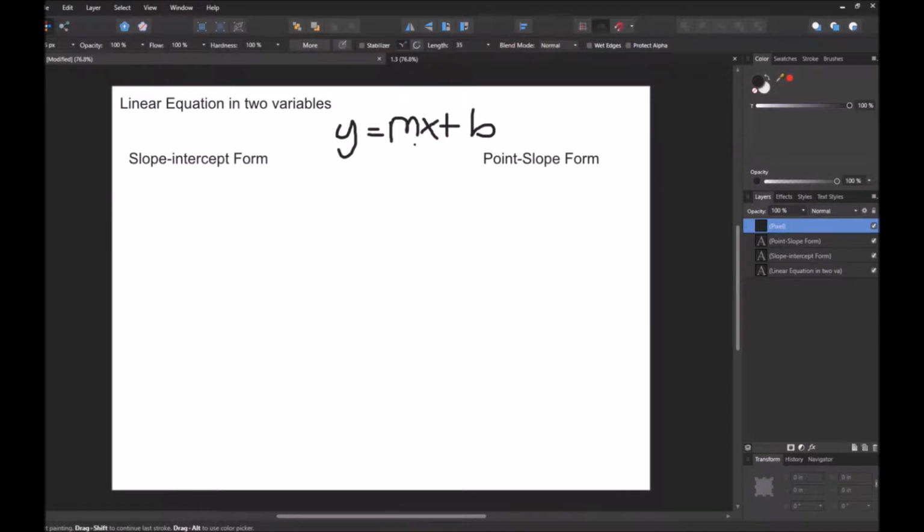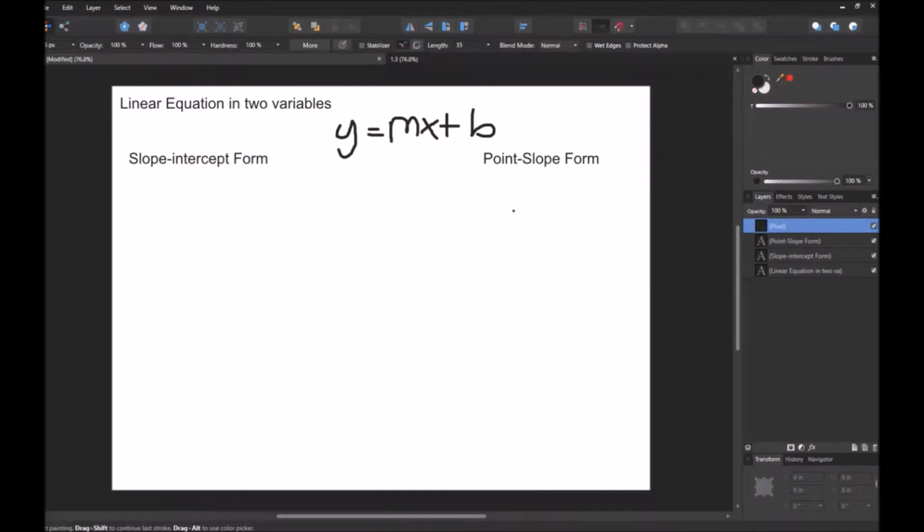But first, we need to understand some terms that are going to be thrown around a lot during this episode. So a term that you're going to hear a lot is the slope. And you can even see here, we have slope-intercept form and we have point-slope form.